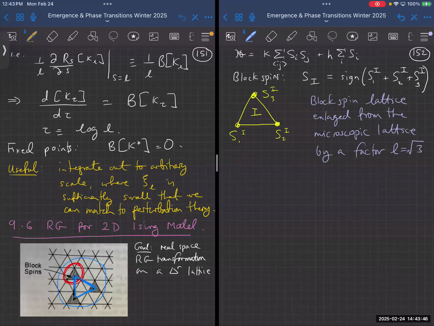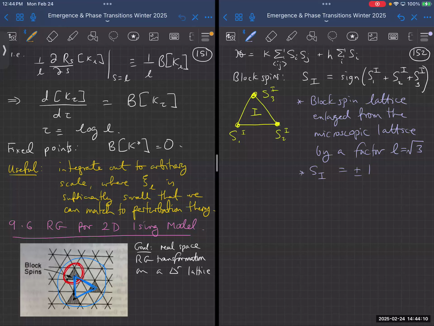And you can see that just by doing some very simple geometry. So now we know what the block spin lattice is. We also know that our spins S_i, because they are defined by this majority rule transformation that we've been using, have the values plus or minus 1.